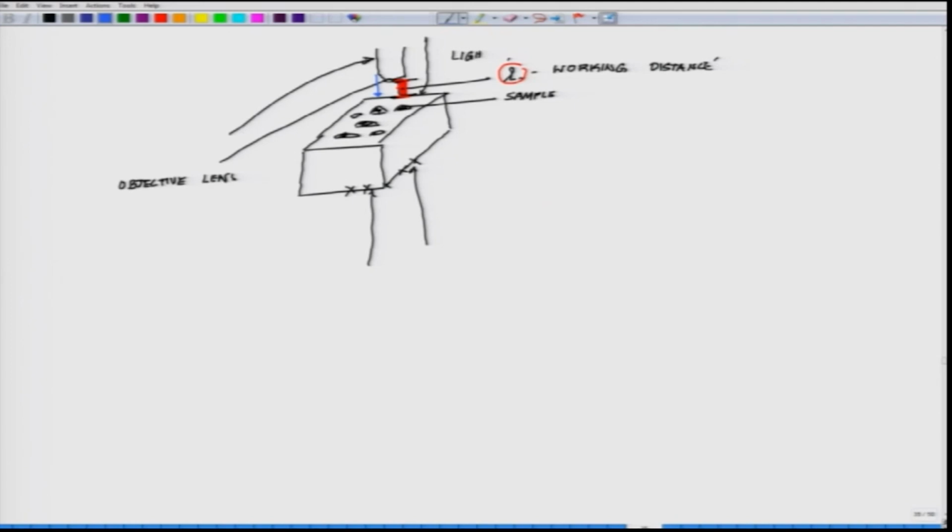Now, think of it, suppose you have a T25 flask on which cells are being cultured, which is itself a kind of three-dimensional thing. Your cells are sitting out here, and you have an upright microscope whose objective is here, and this is the kind of working distance I am talking about, this is the L. Automatically you will not be able to see much, your visualization will be compromised.